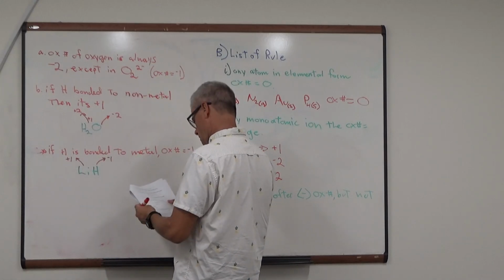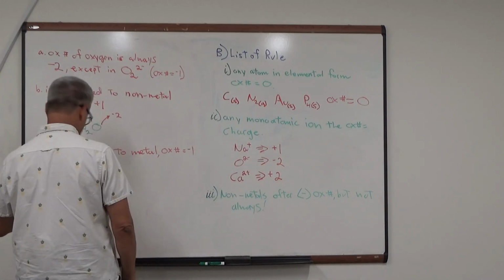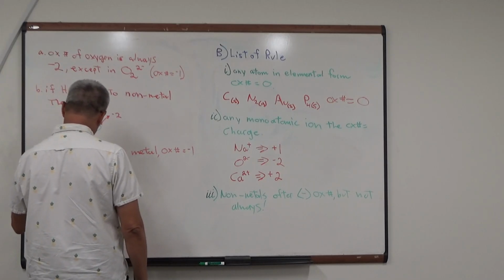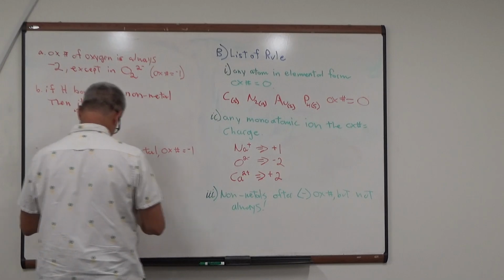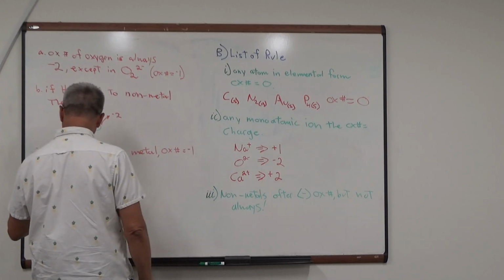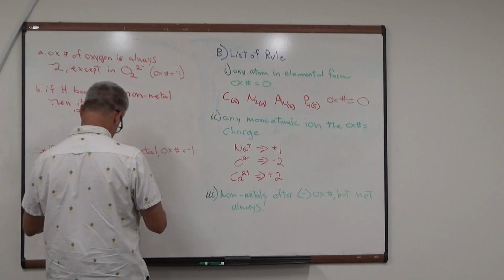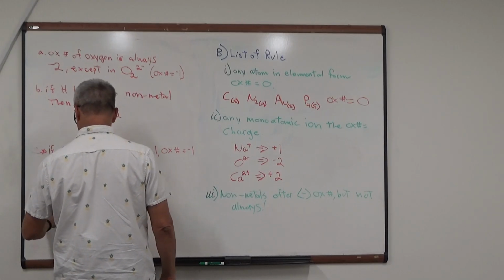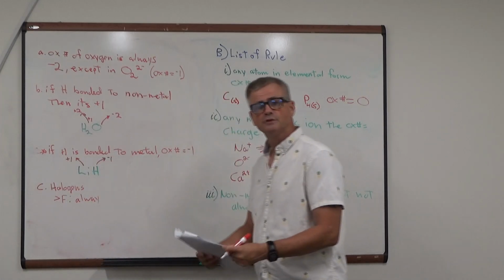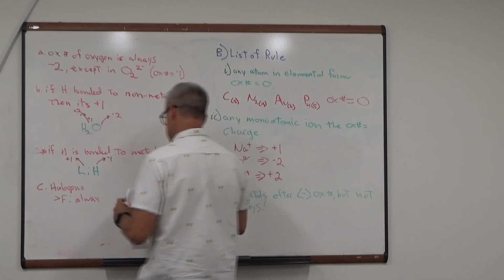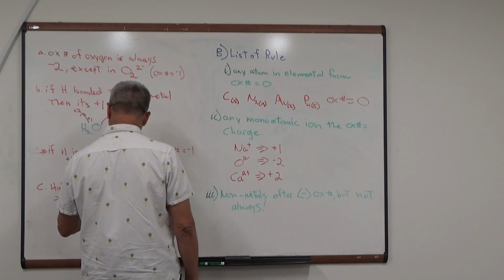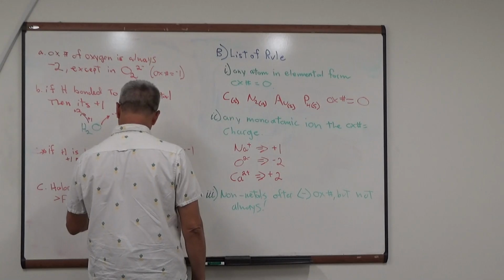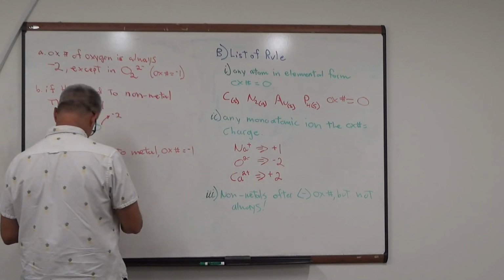All right, C, halogens. Mentioned those. Fluoride. Unless it's in its elemental state, F2, fluorine gas, if it's in any compound other than fluorine gas, it's always -1.